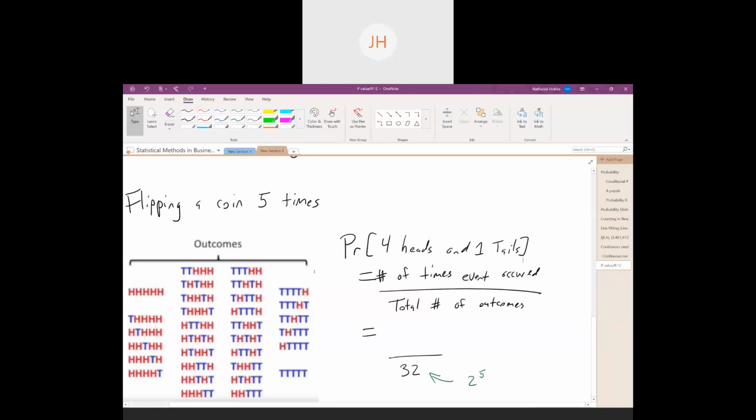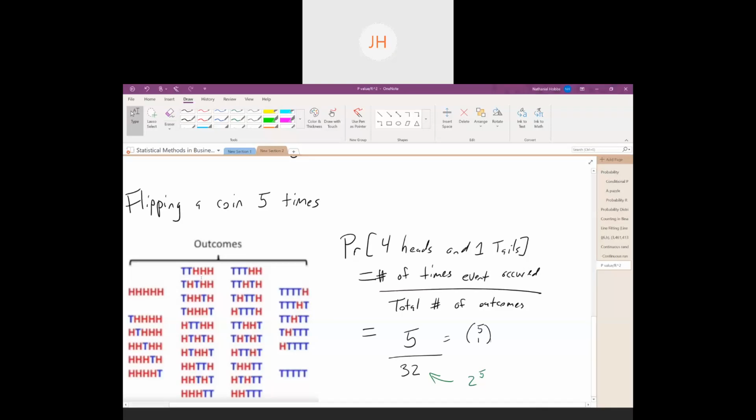Maybe 5 times. 5 times, good. And you can get that 5 either by just looking over here and counting them. Here's 1, 2, 3, 4, 5, all on the left here. Or otherwise, this is also equal to 5 choose 1. Out of 5 flips, you're choosing one place for the tails to be. Okay. So that's where that 5 comes from.